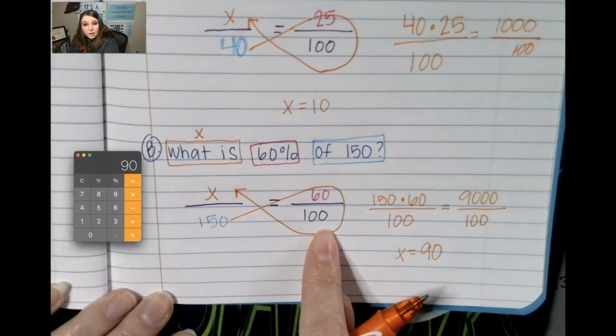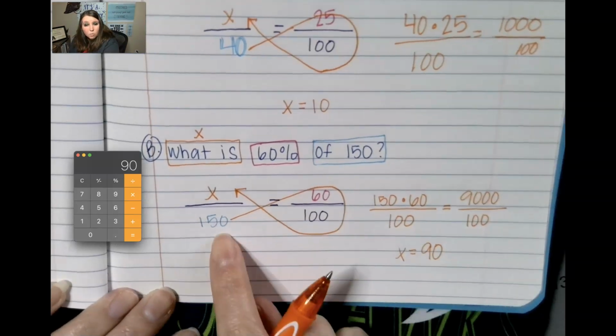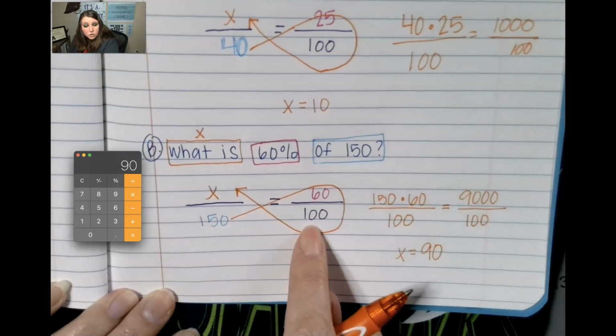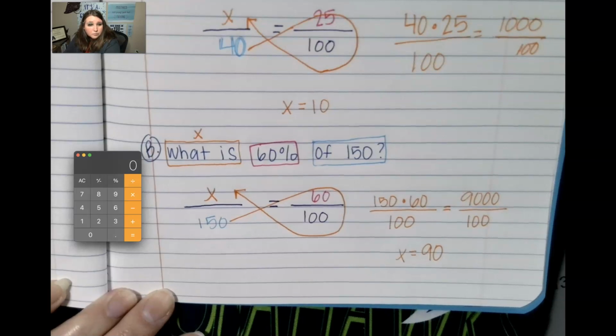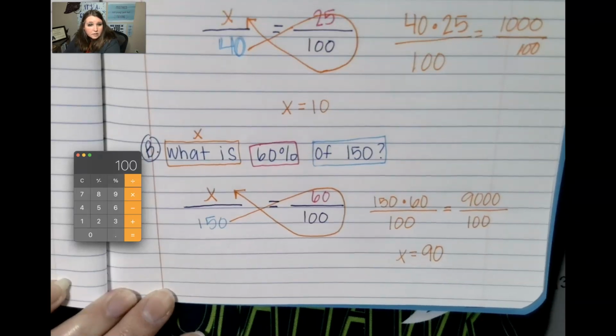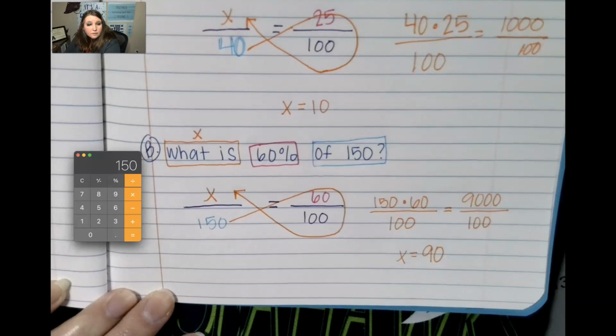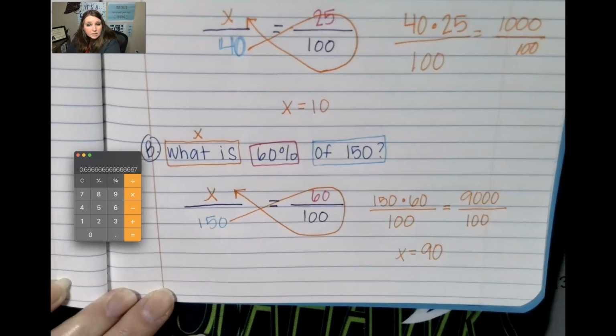Again, you could figure out, how do I get from 150 to 100? You could figure that part out. 100 divided by 150 is .666. Oh my goodness, that's a lot. So we are going to do 60 times point.